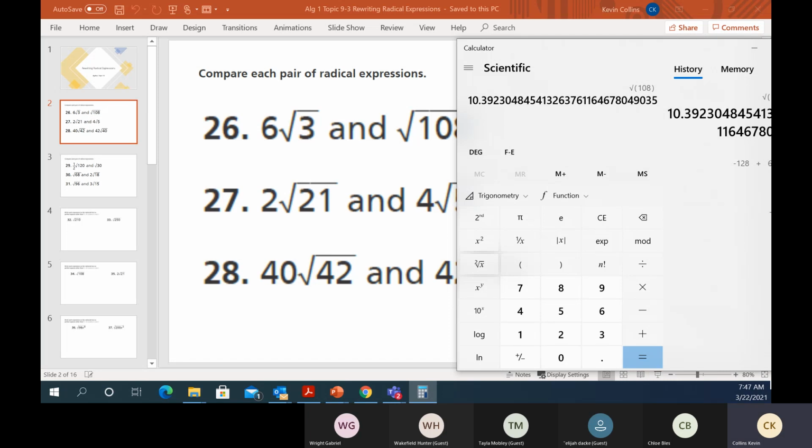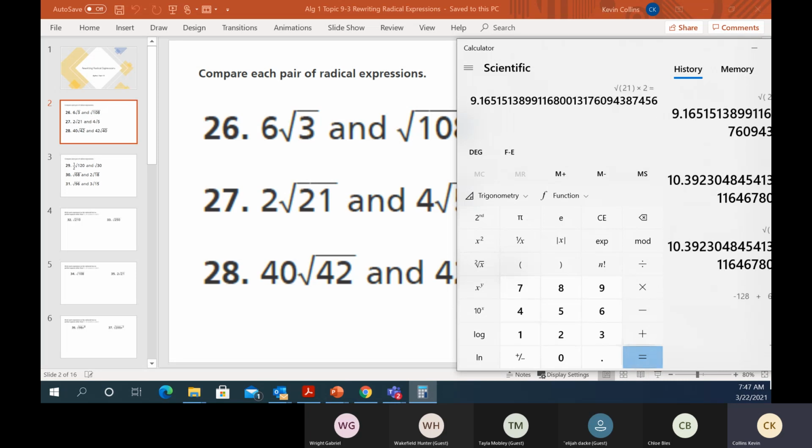Okay, so let's check out some of these other guys. So the next one says 2 times the square root of 21. On this calculator, you're better off if you're using the calculator on your computer. So we'll do 21, take the square root, so 4.58, blah, blah, blah, and then times 2. So he's about 9.16.